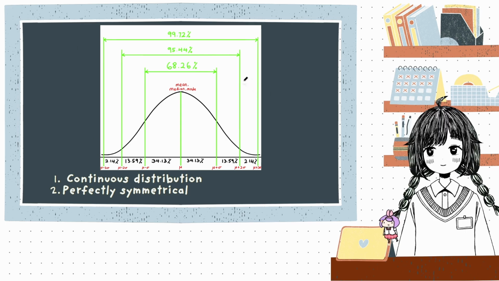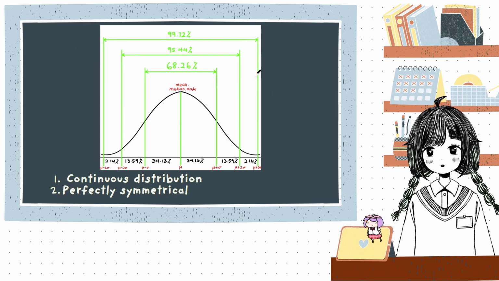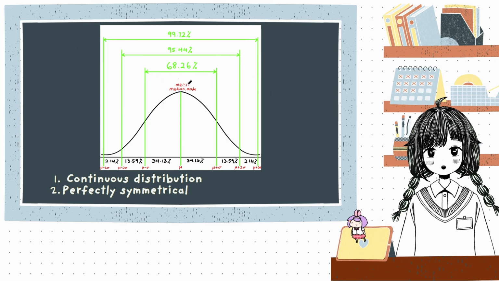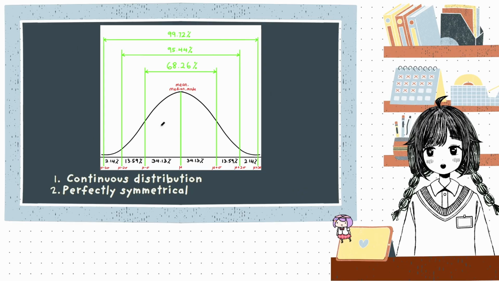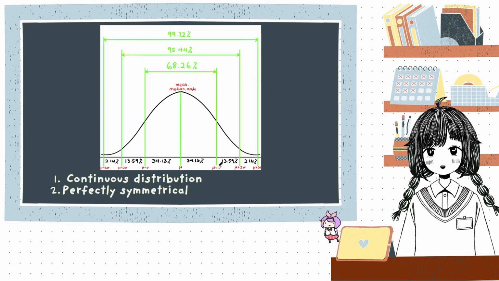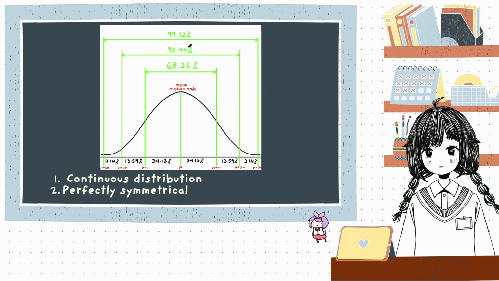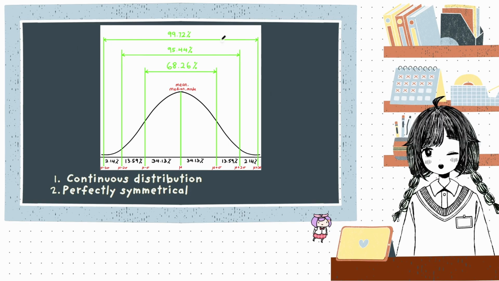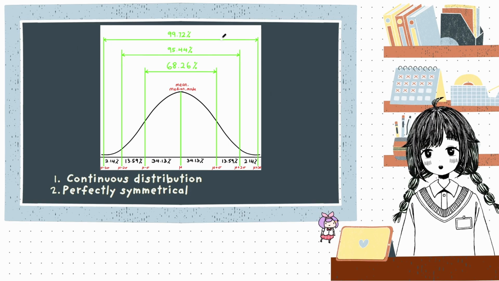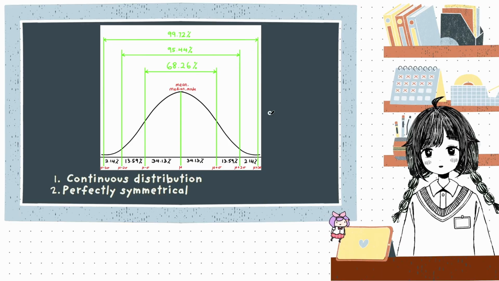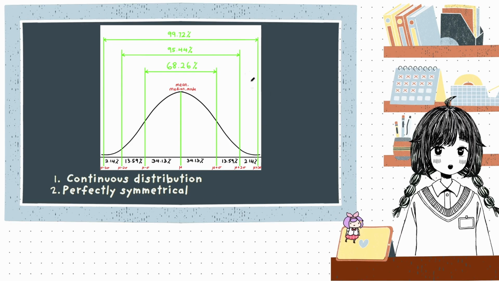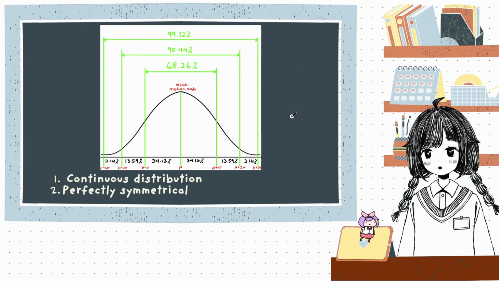So about 68% of all observations fall within one standard deviation of the mean, that's between here and here, about 95% fall within two standard deviations of the mean, and 99.7%, essentially almost all the data, falls within three standard deviations of the mean.